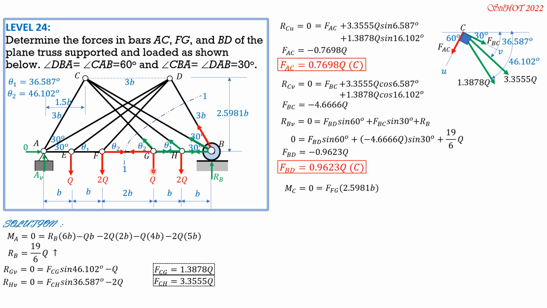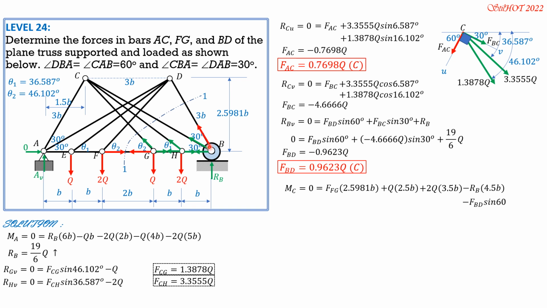Then plus Q, clockwise also. Q moment arm is 4B minus 1.5B, so 2.5B, plus Q times 2.5B plus 2Q times 3.5B plus B. Then minus RB times 4.5B. Then there is one more left, FBD.